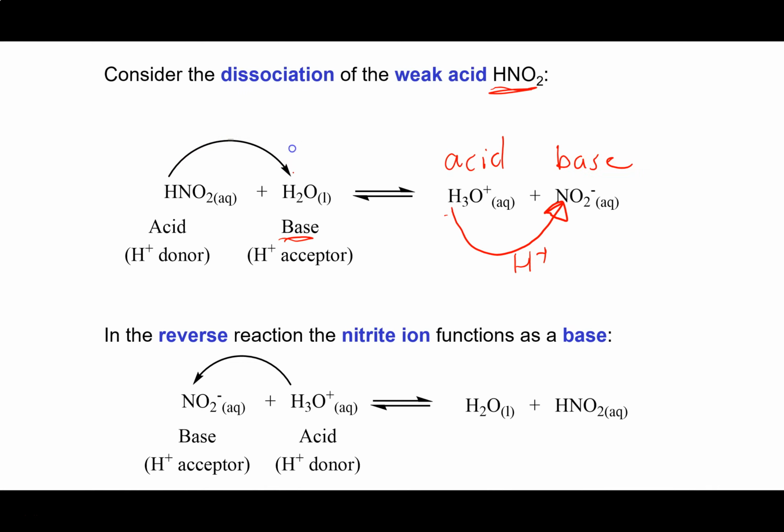So what we see is we have an acid and a base, and the only difference between them is 1 proton, right? So we have a pair of substances where we have an acid, and then we put a proton on it and we get the base. All right, that would be an example there.